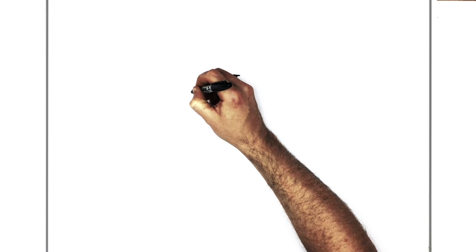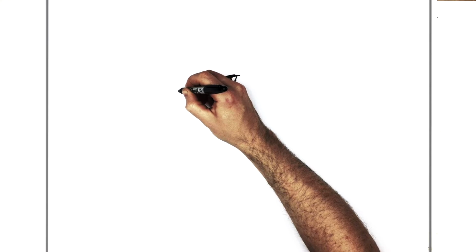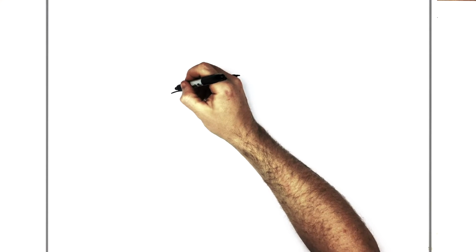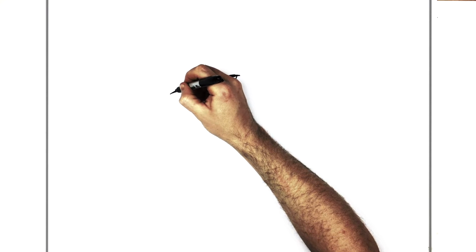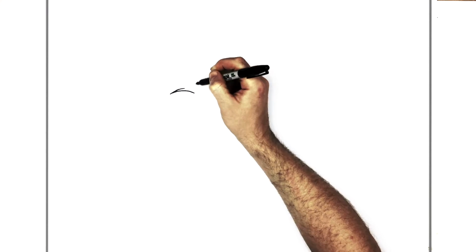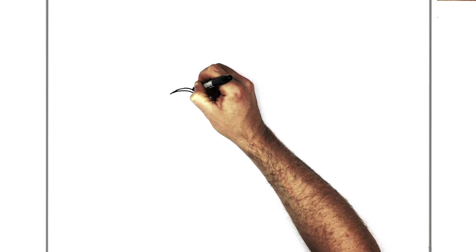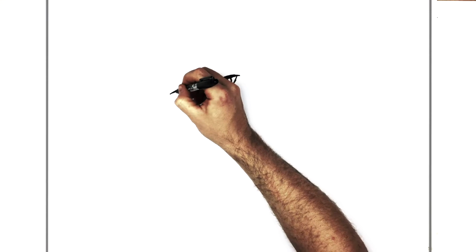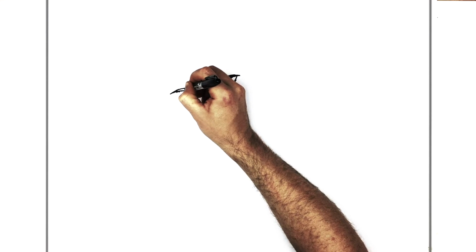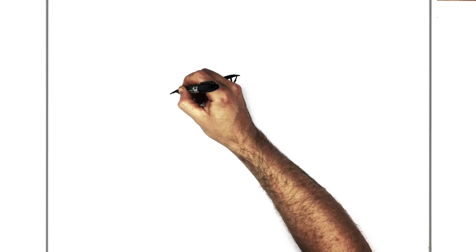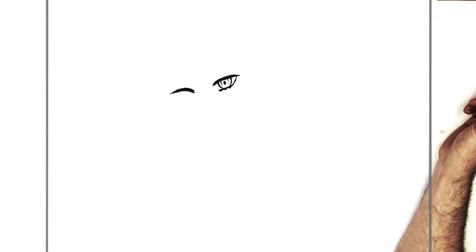And then we're just going to curve this line up like so. And then bring it back down. And color it in. And you can add some spiky eyelashes there if you wanted. Like so.